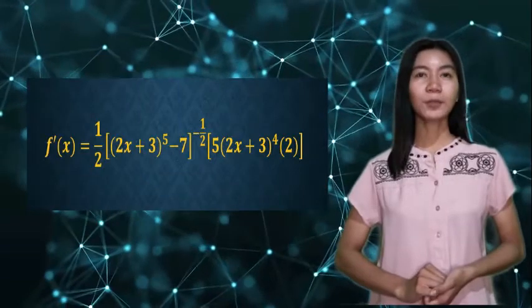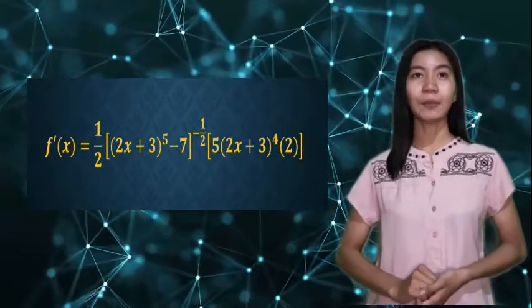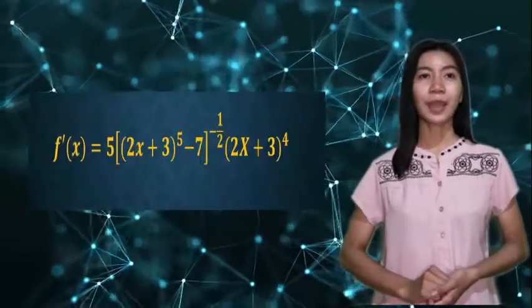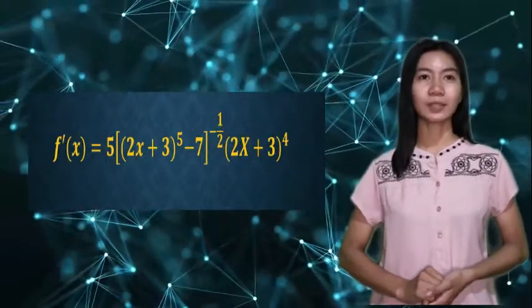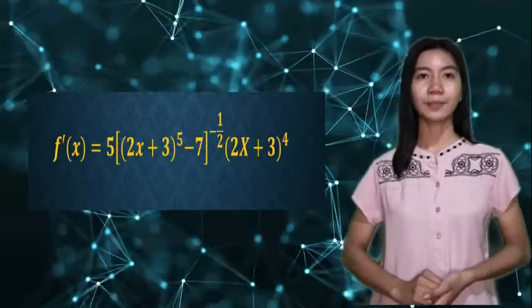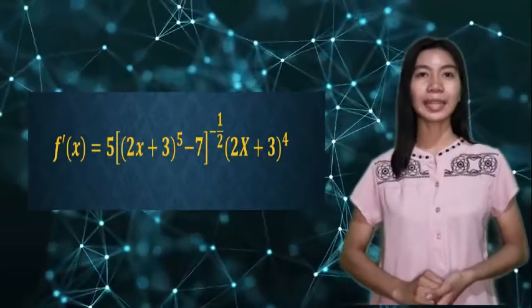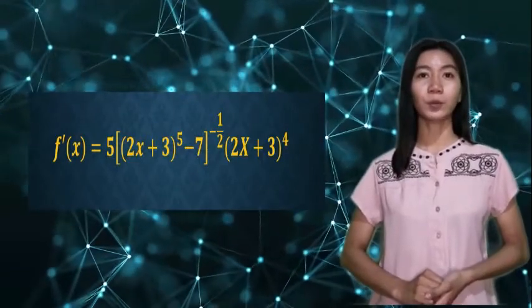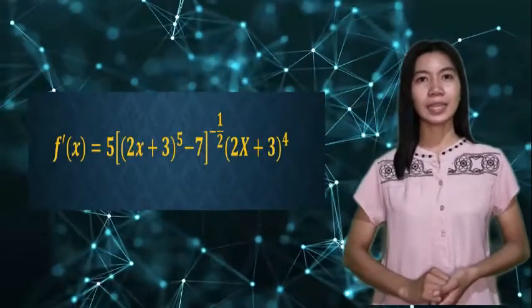Next, we need to multiply 2, 5, and 1/2, and we will have f prime of x equals 5 multiplied by (2x plus 3 raised to 5, minus 7) raised to negative 1/2 multiplied by (2x plus 3) raised to 4.